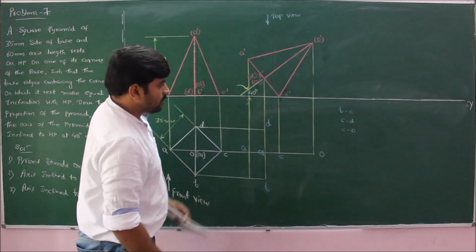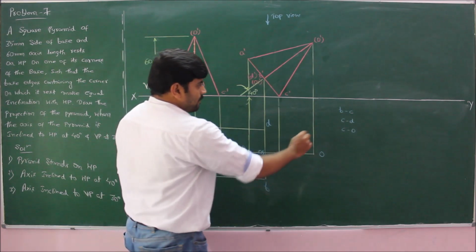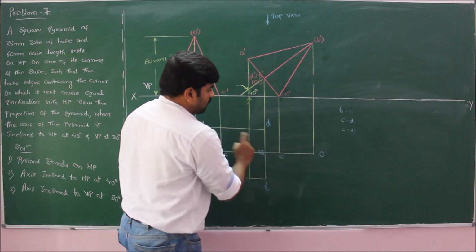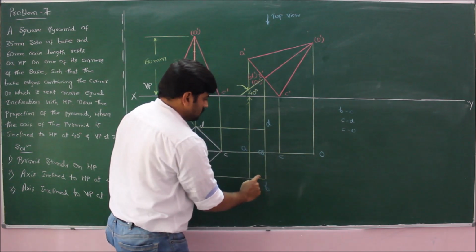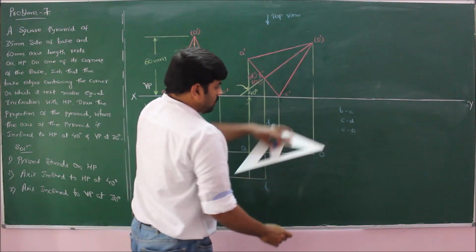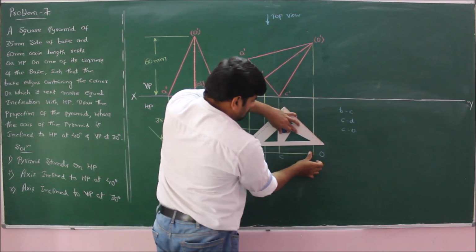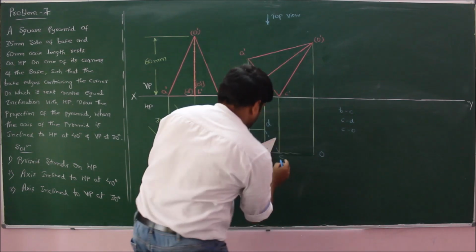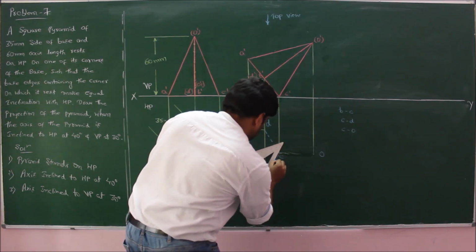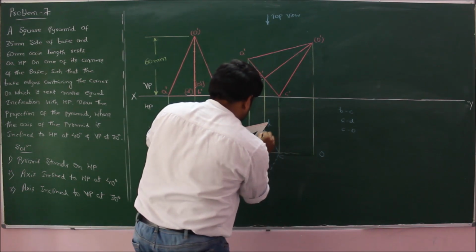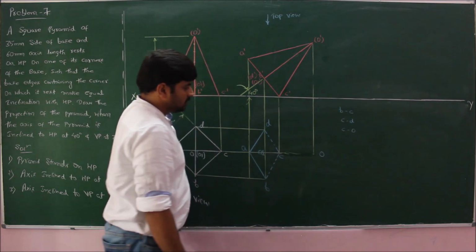So now if I mark these invisible edges, none of the edge will come on the boundary of the pyramid. So therefore, marking the invisible edges, I will get D to C is invisible and C to B is also invisible. Base edge AB is visible and AD is also visible.